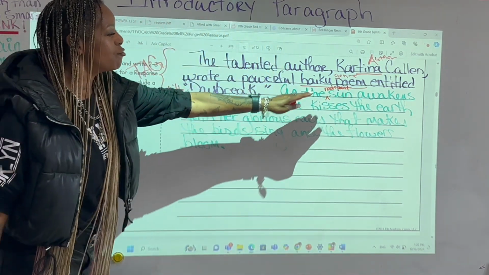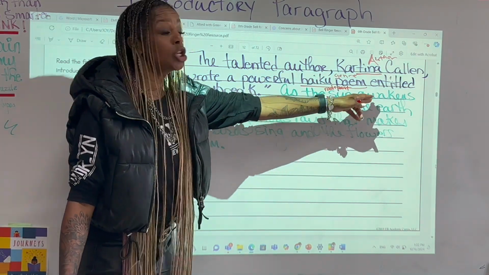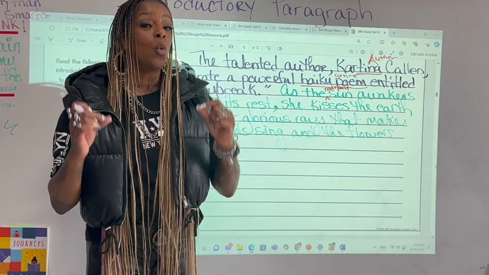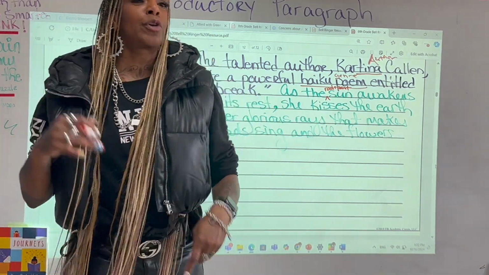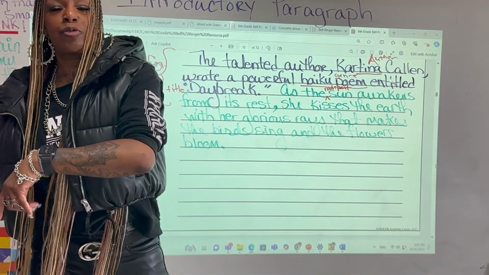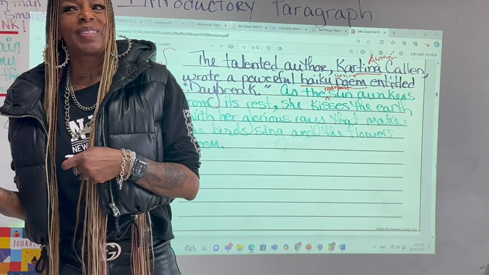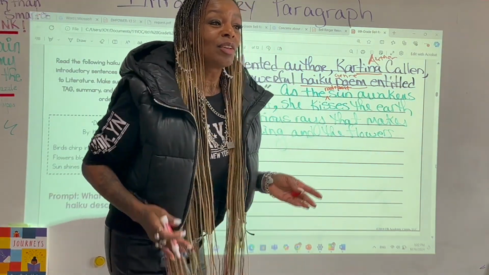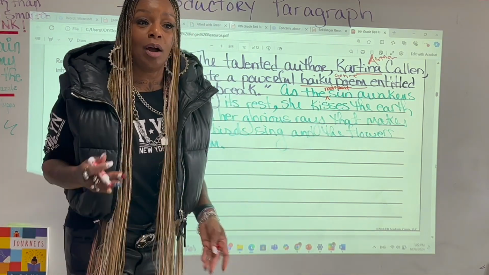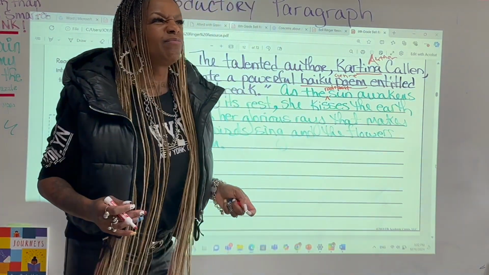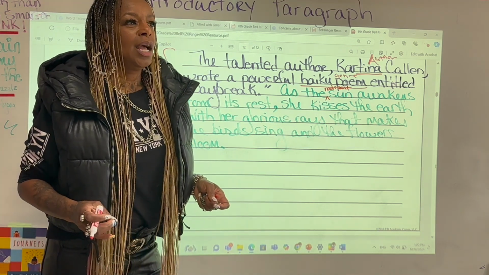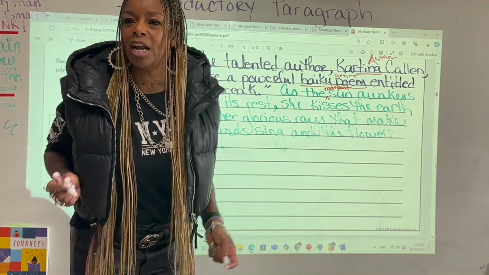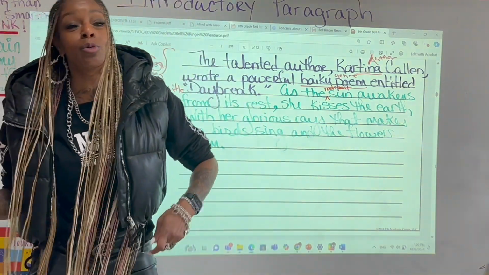So, as the radiant sun slowly, that's an adverb. So you have a verb to awaken. We're going to add a word to the verb, which is called an adverb.